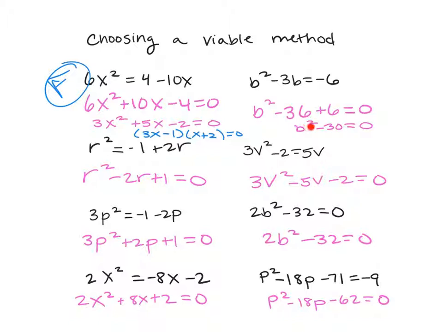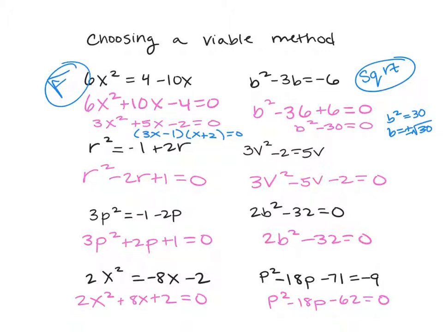We just have the b squared term and a constant. And so that's going to allow us to say, oh, well, b squared equals 30, and so b equals plus or minus the square root of 30. And so from that, I'm going to say solve by square root.